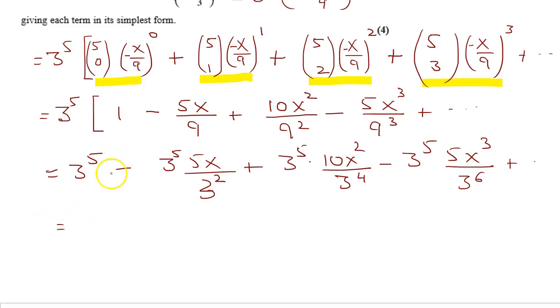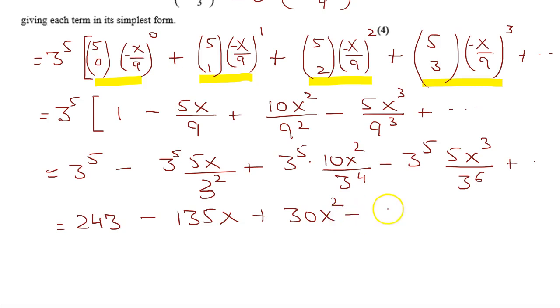So this one, 3 to the power 5, is 243. This is 3 to the power 2, 3 to the power 3, that is 27 times 5 is 135. Plus this is 3 to the power 4, 3 to the power 5, that is 3 times 10 is 30 x square.